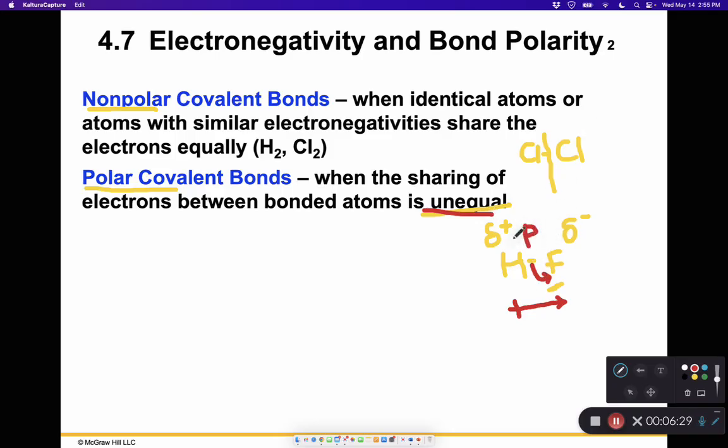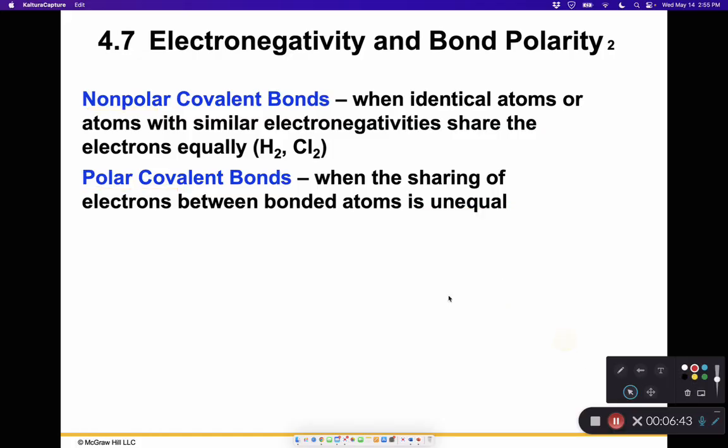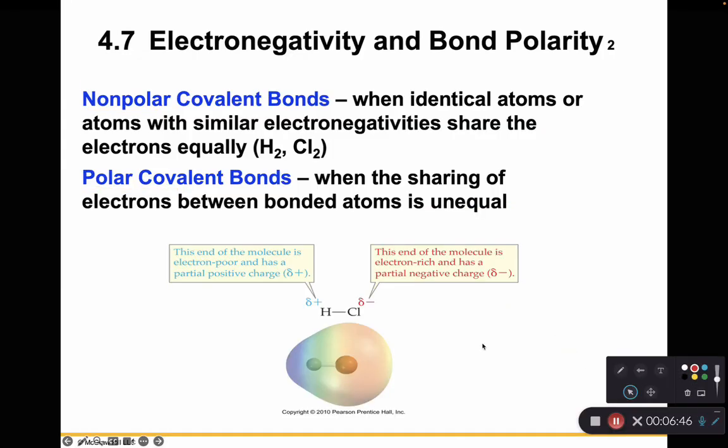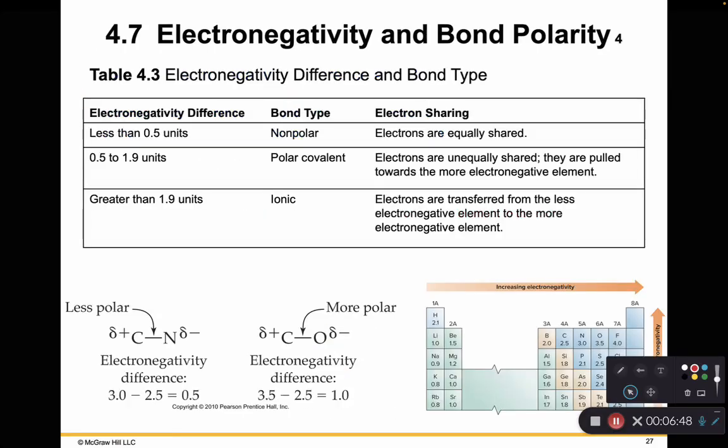Okay, so we can use the values of electronegativity to tell whether a bond is polar or nonpolar. How do we use that information? For our class, if the electronegativity difference between the two partners is less than 0.5 units, we call it a nonpolar bond.